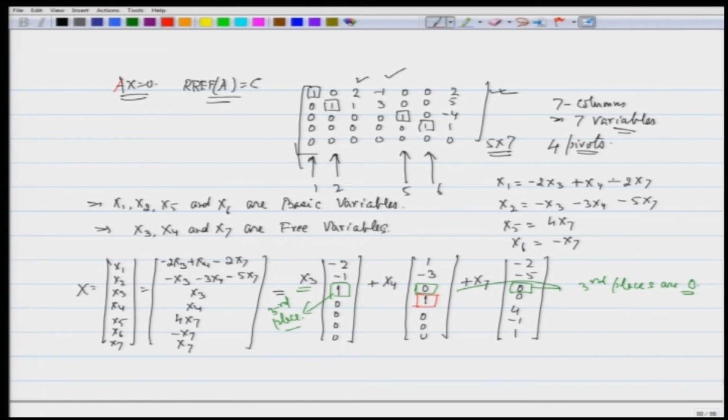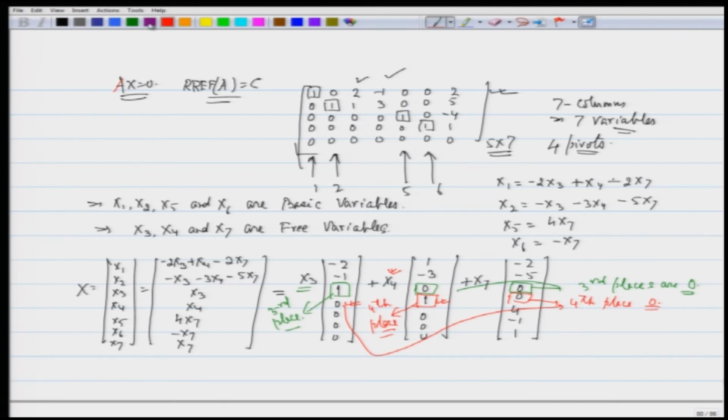Here you have x4, 1 at the fourth place. Since x4 is the fourth variable, it corresponds to the fourth column. The fourth entry here is 1, here it was 0, here also it is 0. Fourth place 0. You can see here, this also is 0 here, fine.